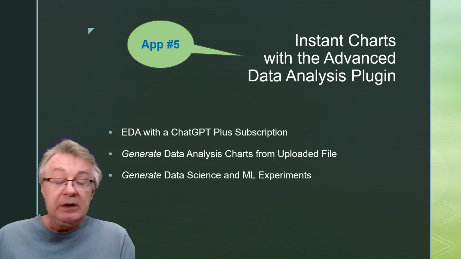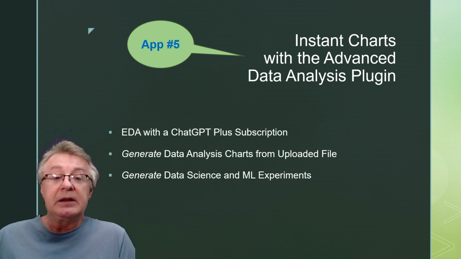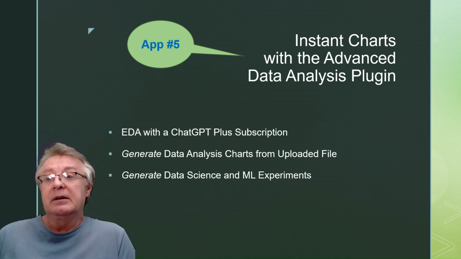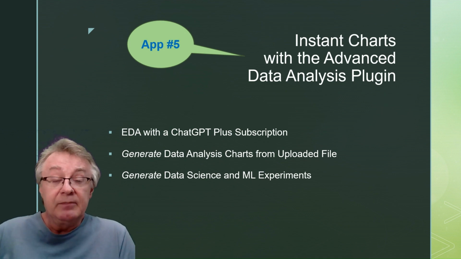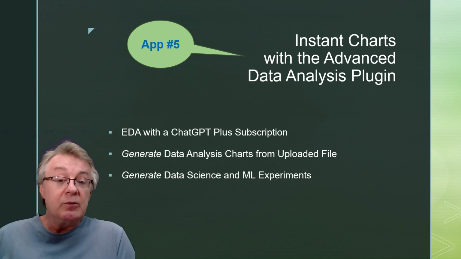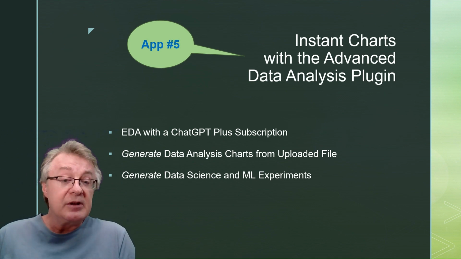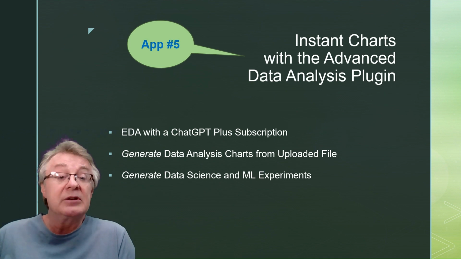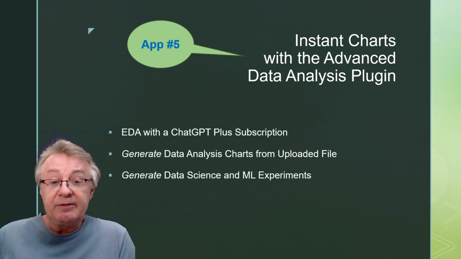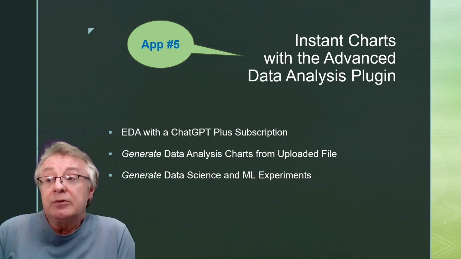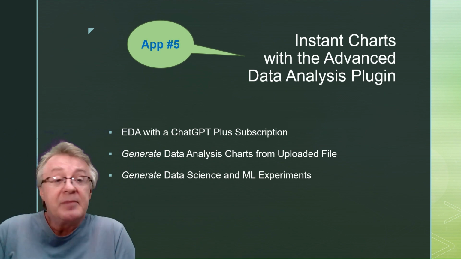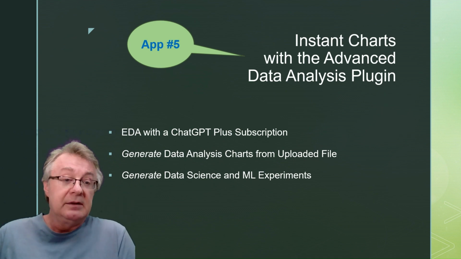Long story short, you will be able to send to ChatGPT a file, a CSV file, a PDF file with your data, let's say, and ChatGPT will automatically create graphs, charts, descriptions, even data science and machine learning experiments from the files you send, without you telling anything else. This is amazing, I can tell you, and we'll soon have this also implemented in other areas at the API level and so on.